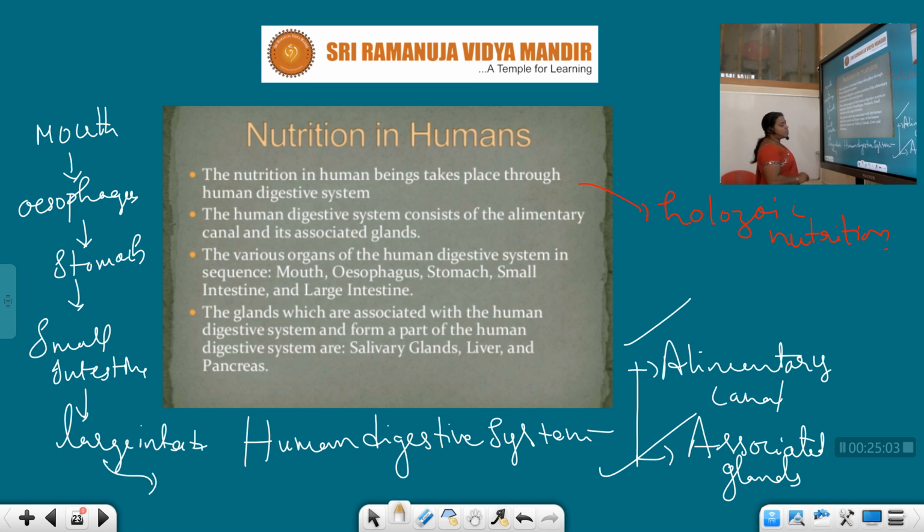And it ends with the rectum and anus. The glands which are associated with the human digestive system, as a part of the digestive system, are the salivary glands, liver and the pancreas.